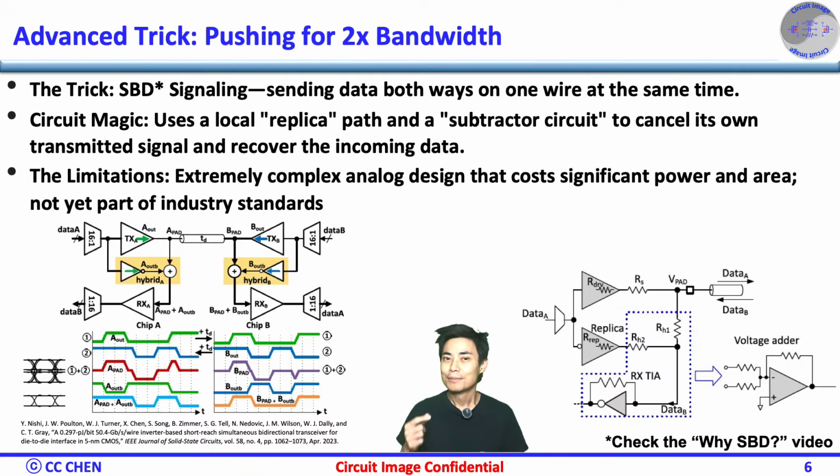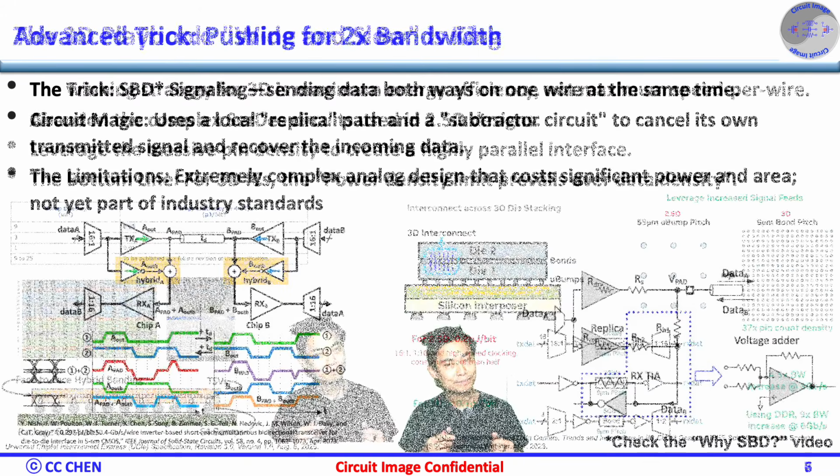It's elegant, but demands complex analog subtractor and replica paths, burning area and power, and it's not yet standardized in interfaces like UCIe, showing how costly a simple 2x can be.